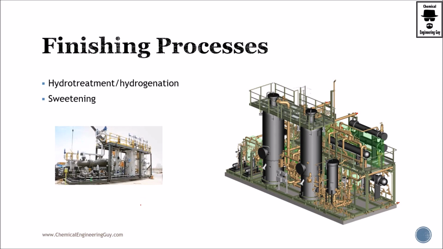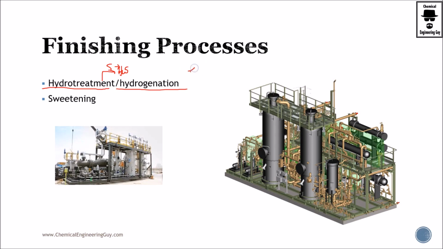Then finishing processes are the final types of processes that you need to do in order to ensure that these are going to be usable materials. For instance, hydrotreatment, removing hydrogen sulfide or sulfur via hydrogen sulfide. Hydrogenation, probably you're wondering why are we hydrogenating material.